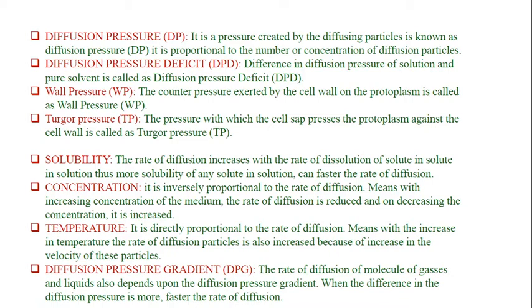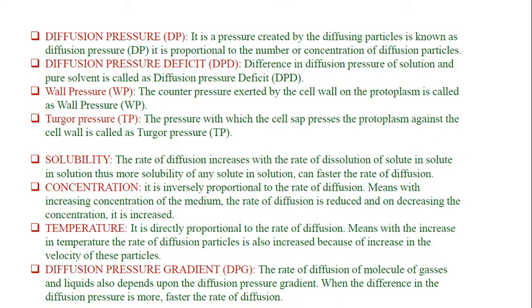Then diffusion pressure deficit. This is nothing but a difference between two different concentrations, that is, a higher concentration and another lower concentration. The difference in diffusion pressure of a solution and pure solvent is called diffusion pressure deficit.